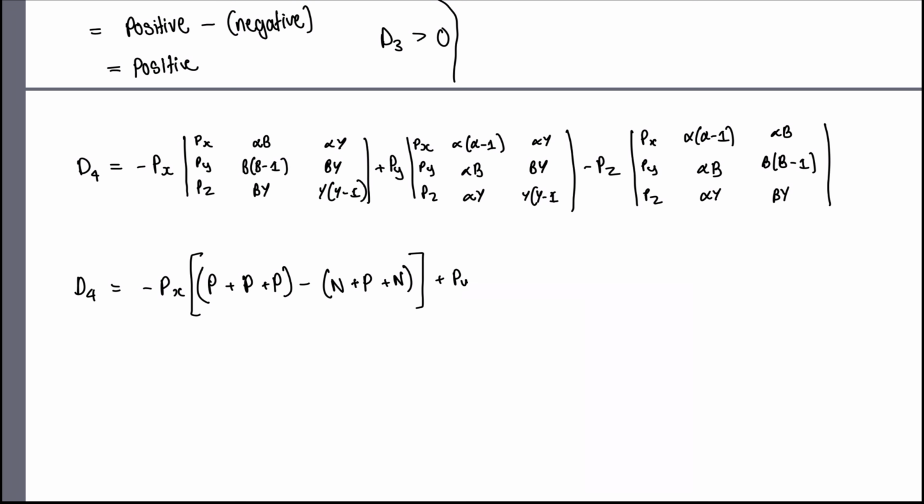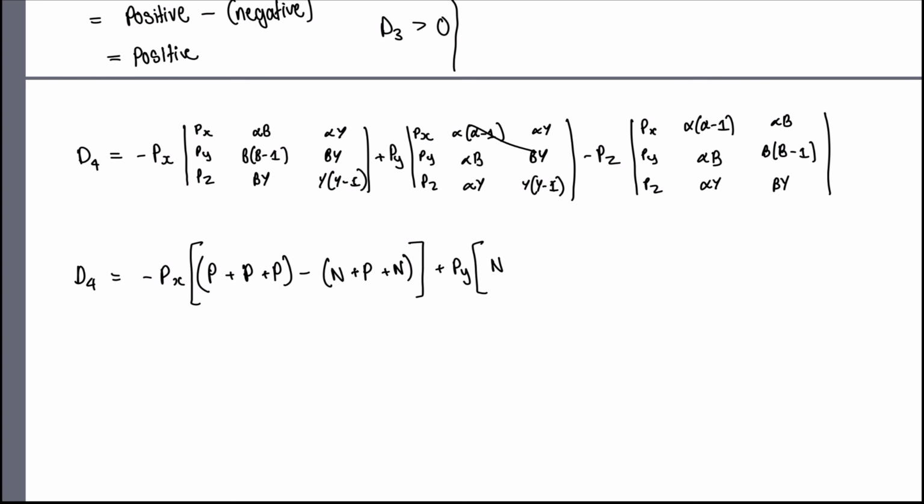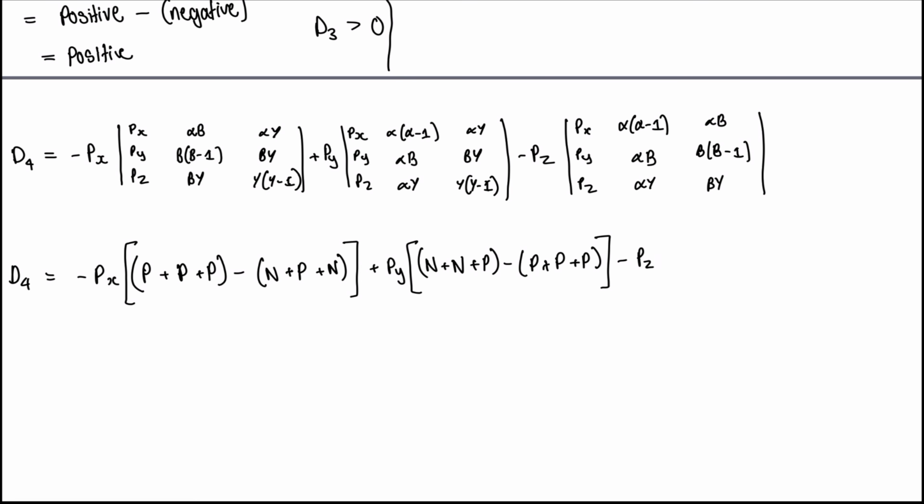Then we get plus py. We do these three times together, which is a negative. Then we get these three times together, which is another negative. Then we get these three times together, which is a positive. Then we get these three times together, which is a positive. These three make a positive, and then these three also make a positive. And then minus pz.